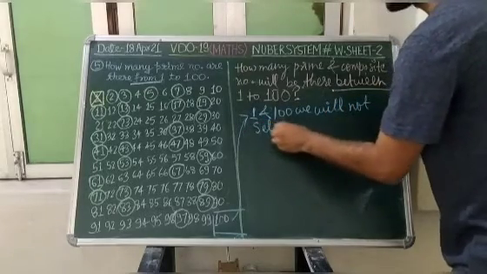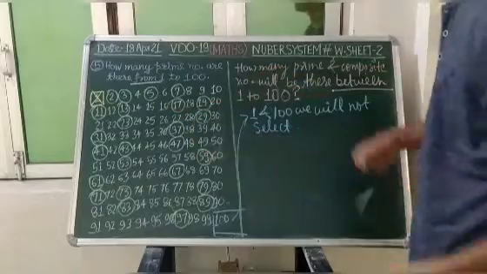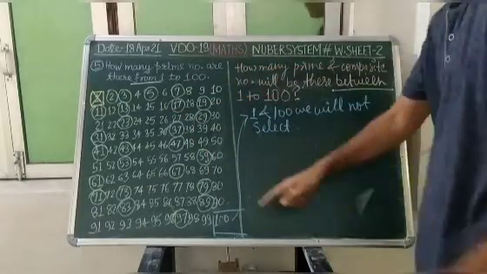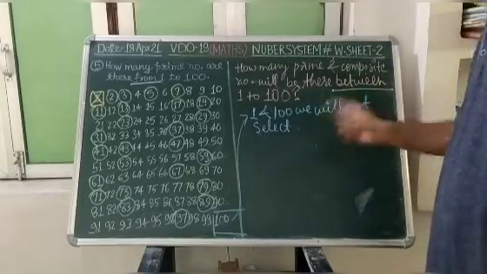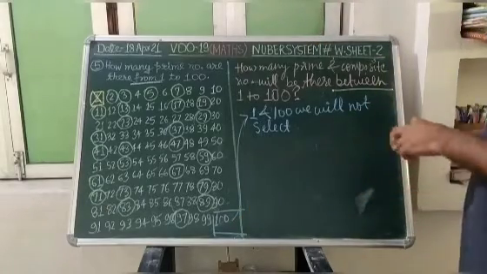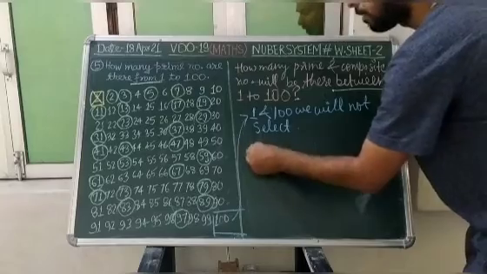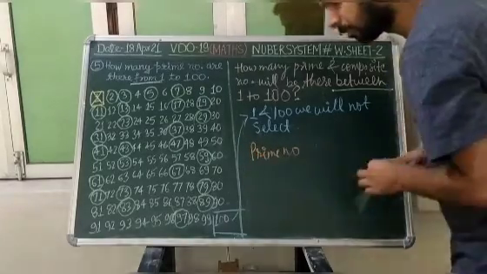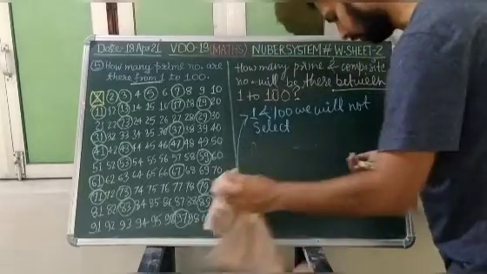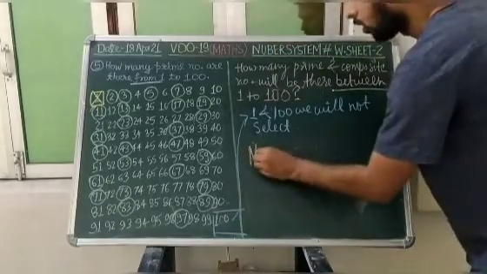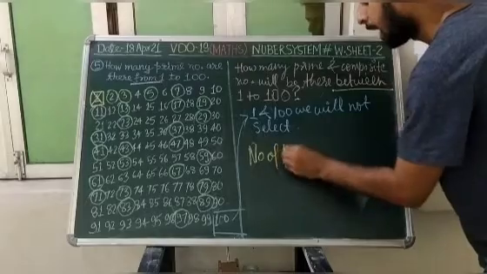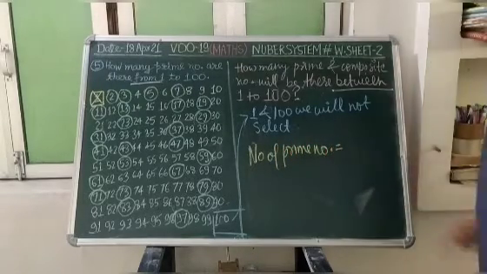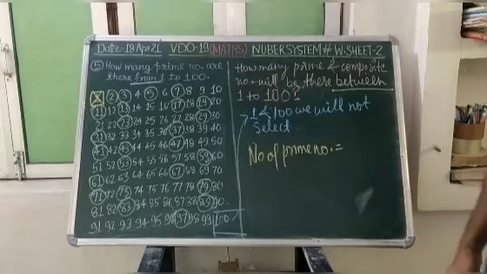And you can say that 1 we were not selecting in even numbers as well as prime numbers, so 1 will be left, but 100 also we will not consider. In this case, how many prime numbers will there be?